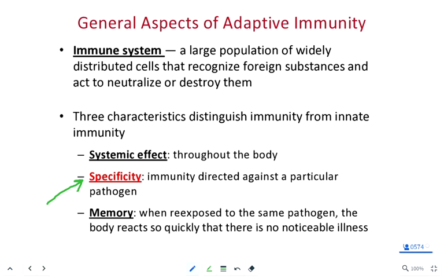You had to develop an infection and be exposed to the pathogen. And what we find is that in addition to having a specific response to a specific pathogen, we also have the all-important immune memory. This immune memory is the reason why we aren't all always getting constantly sick.